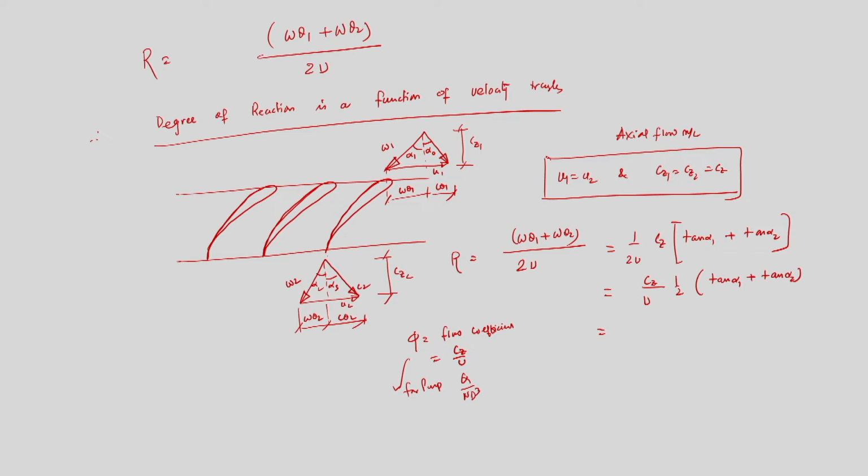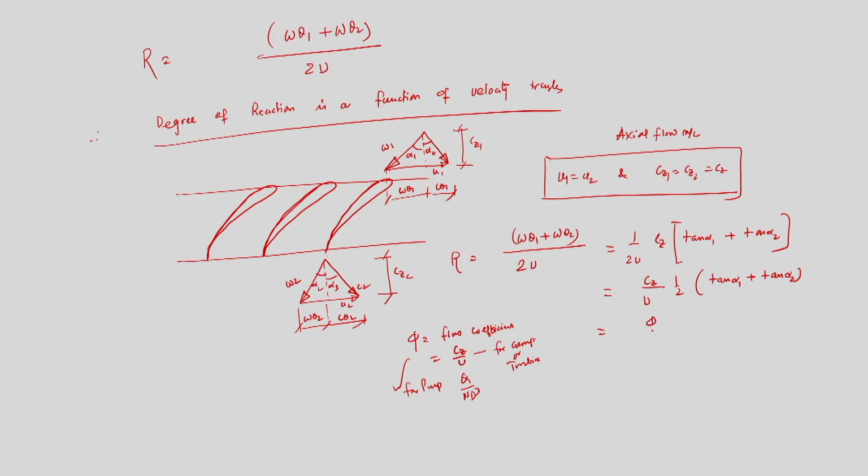So Cz by U is the flow coefficient for a compressor or turbine, just as Q by ND cube is for the pump, derived from the Buckingham pi theorem.